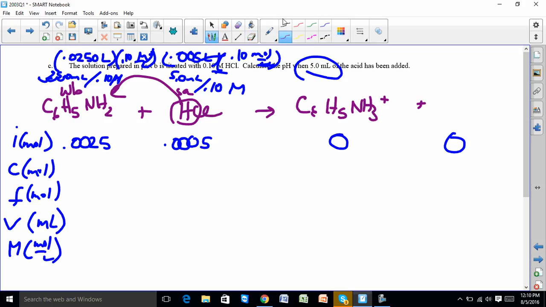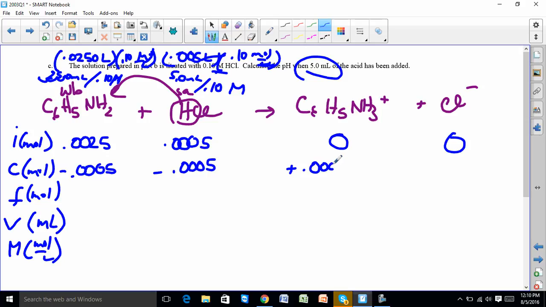Okay, and then this would be plus Cl minus, and now I'm going to go back to blue. Okay, so here's the deal. Now, with limiting reactant, 0.0005 is smaller than 0.0025, and so this reaction will stop when all of this is gone. And then these two go down, and these two go up.